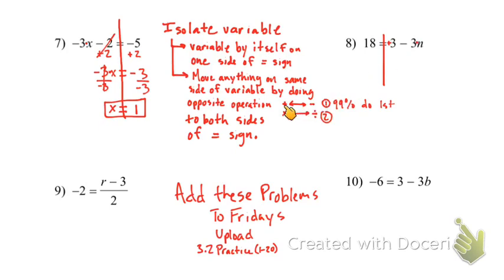Okay? And what we want to get rid of addition, we do subtraction. So we're going to subtract this 3. What you do to one side, do to the other. That cancels out, and we're left with 15 equal to, and then we bring down the negative 3 times n.